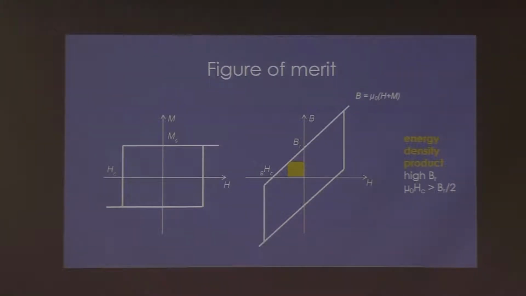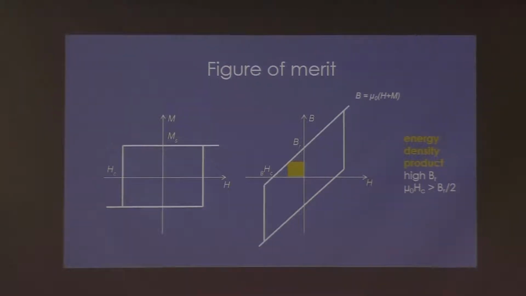Instead of magnetization as a function of field, we can also plot the magnetic induction as a function of the applied field. Plotting the magnetic induction as a function of field has the one advantage that the product of induction times field gives us some energy, and this orange square I plotted here is basically the energy that can be reversibly used in a magnetic circuit.